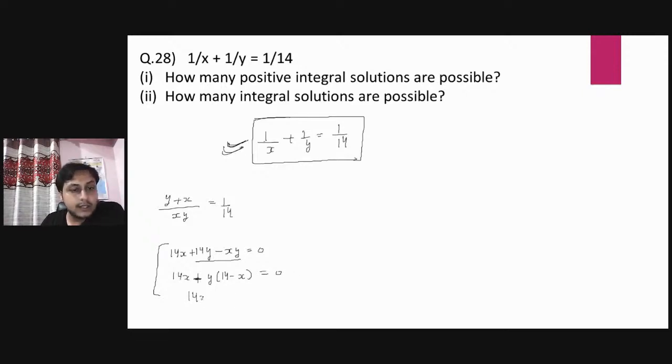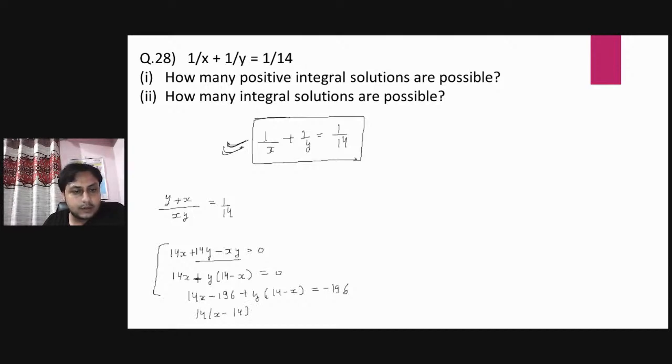So it becomes 14x minus 196, plus y into 14 minus x equals minus 196. When you take 14 common, it becomes x minus 14.